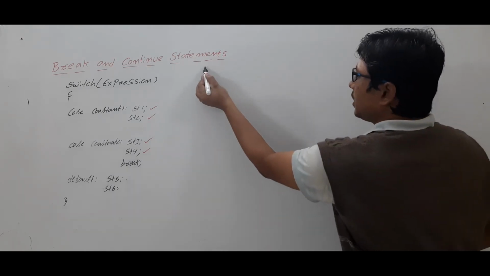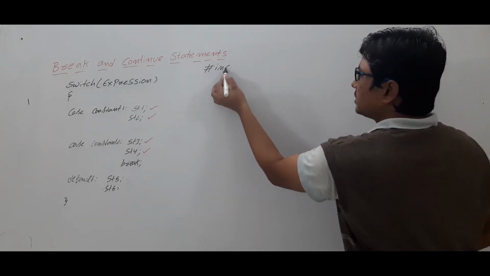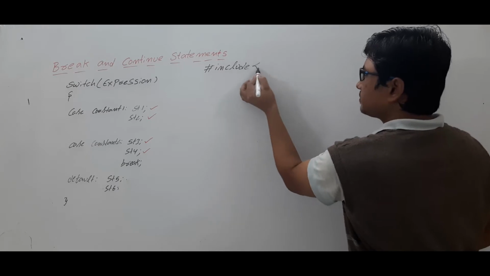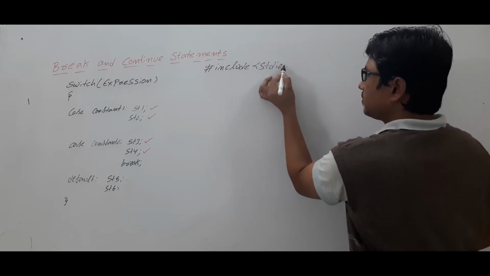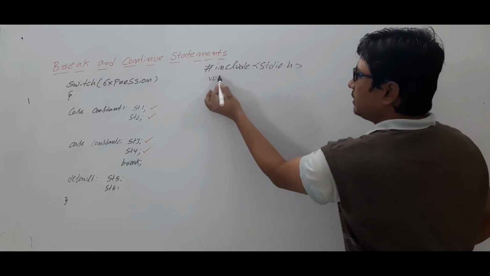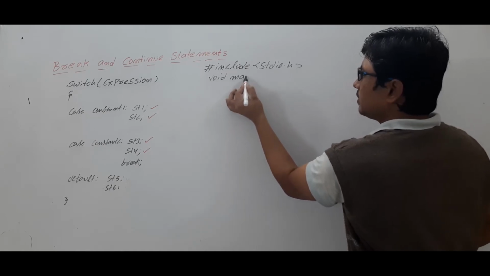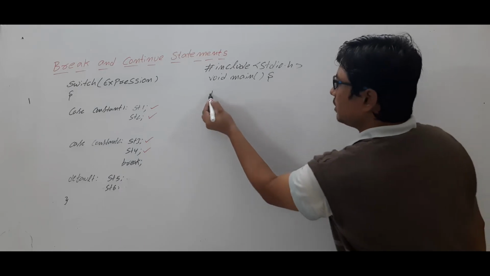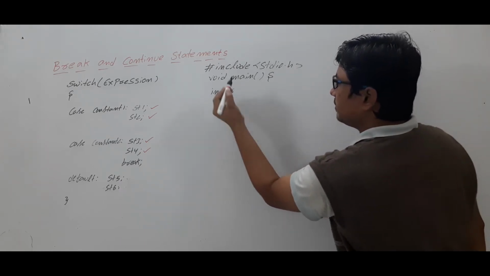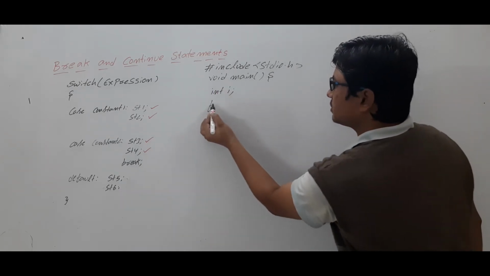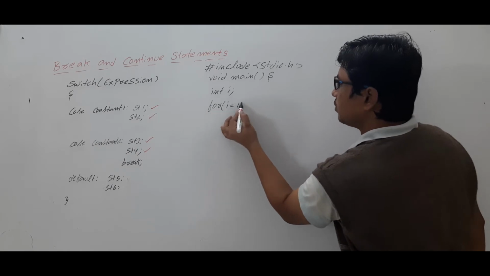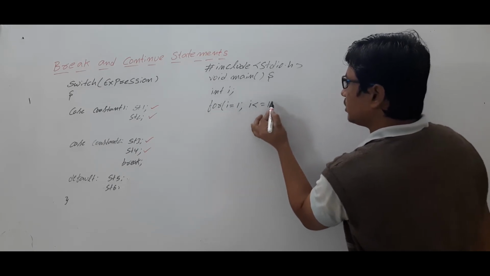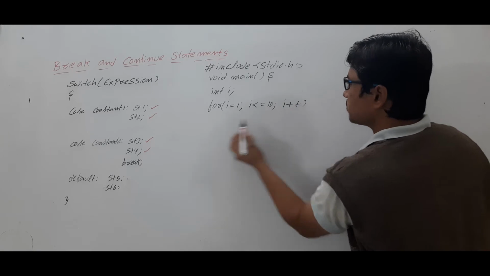Okay, you have #include <stdio.h>, void main, and you have open curly braces, and you have declared int i. Okay, and you have used a loop: for i equal to 1, i less than or equal to 10, i plus plus.